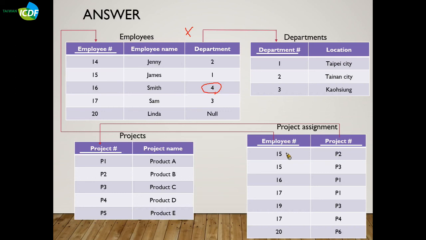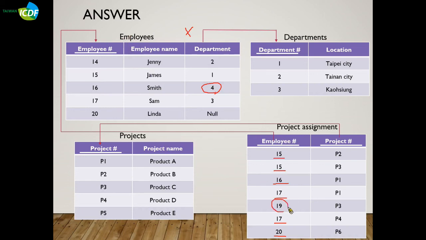Here, first we check the employee numbers, and then we can find the numbers 15, 16, 17, and 20 can be found in the corresponding values on the primary key of employees.